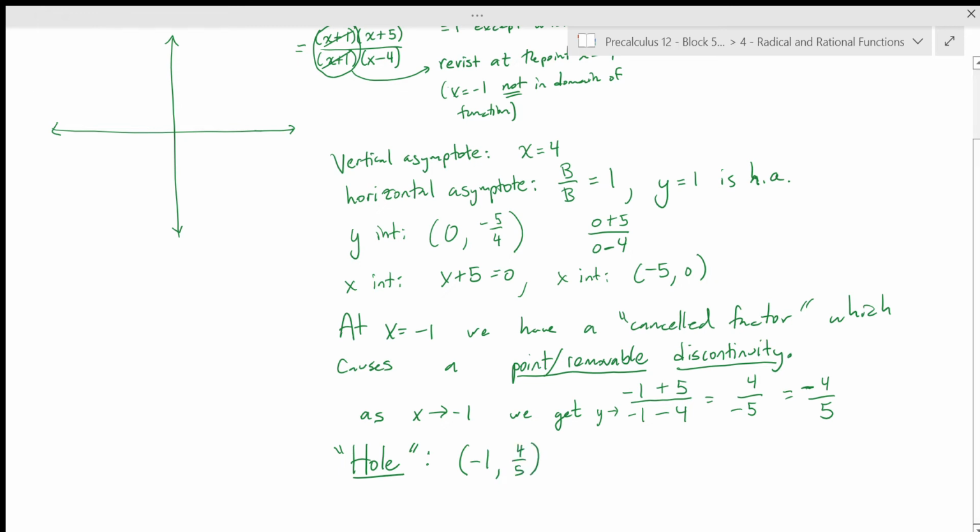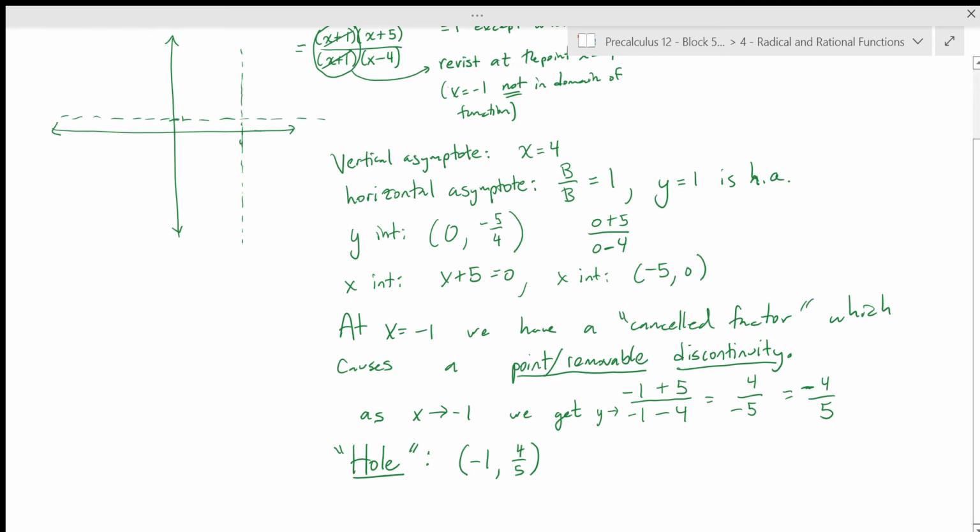Okay, so the next thing we're going to do is take all the information we've collected about the features of this particular rational function. We're going to put in our vertical asymptote at x equals 4. You can see I'm not doing a super crazy accurate graph. There's no need to do that. We'll put in our horizontal asymptote at y equals 1. This will give us a reference place right here.